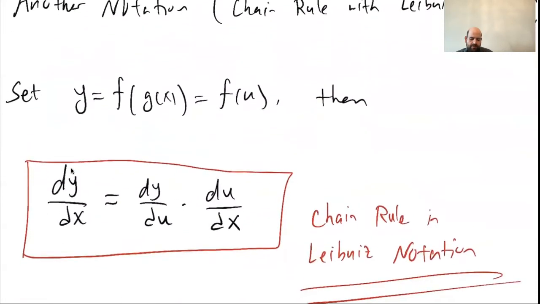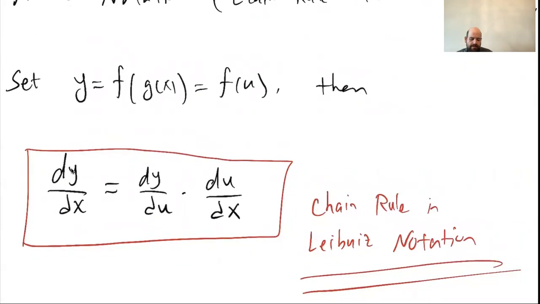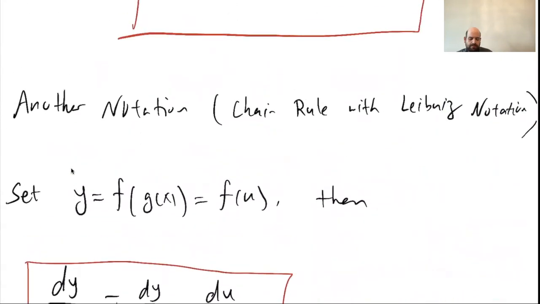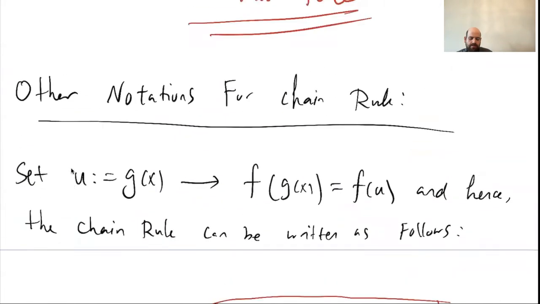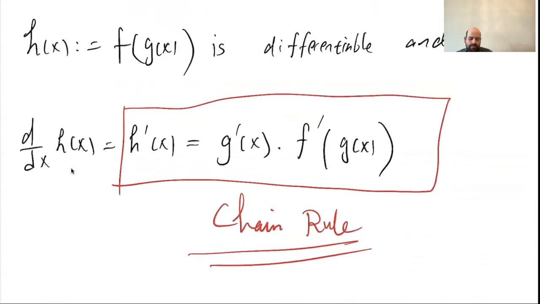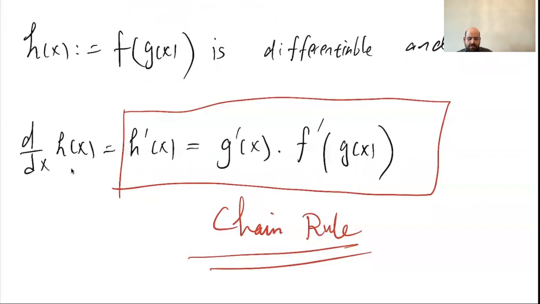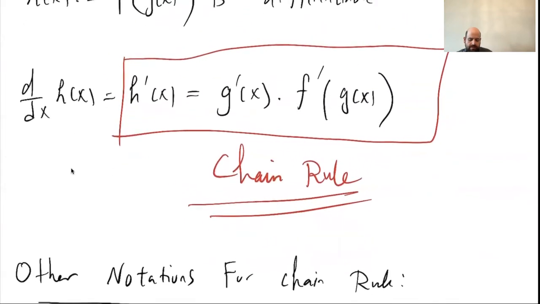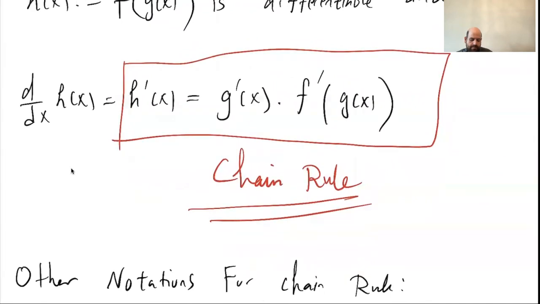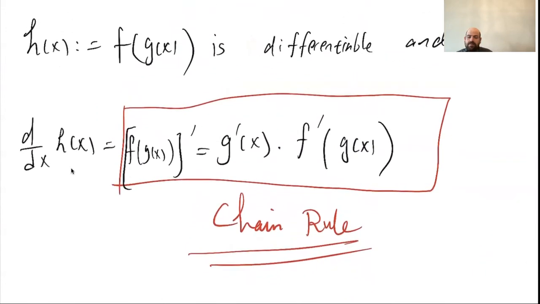Okay, so I stated 3 notations for chain rule for you. The simplest one, dy to dx, is dy to du times du to dx. Another notation, f of u derivative is u prime times f prime of u. Another notation, f of g of x, the whole derivative. You can also write this one this way, because this is derivative of h of x.